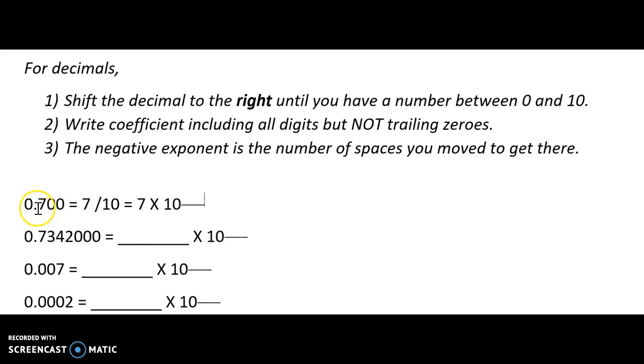Well, to get from 0.7 to 7, we need to shift over 1 to the right. So it would be 10 to the negative 1. All right. So what that really means is just 7 divided by 10 to the negative 1. Instead of multiplied by 10, you're dividing now.